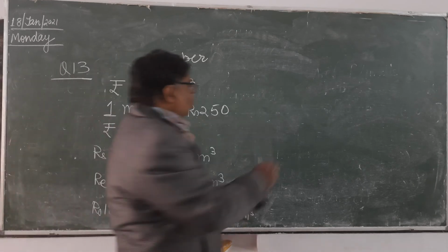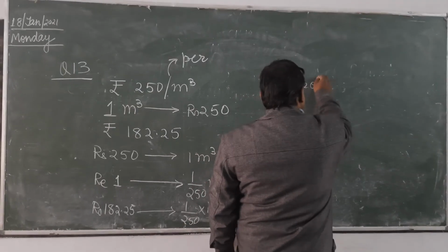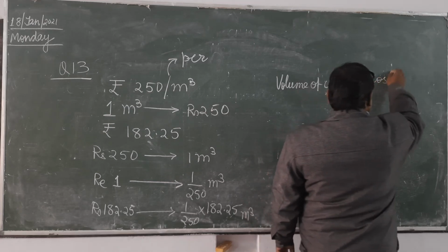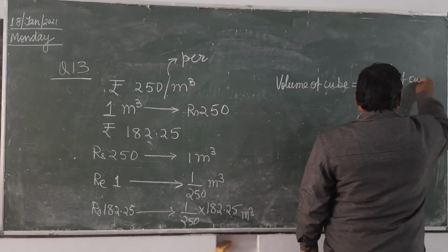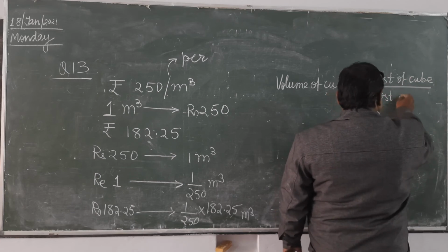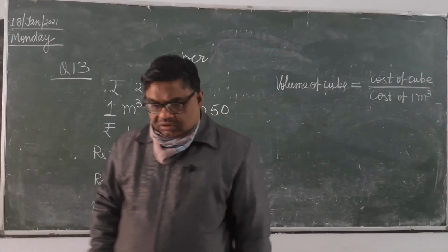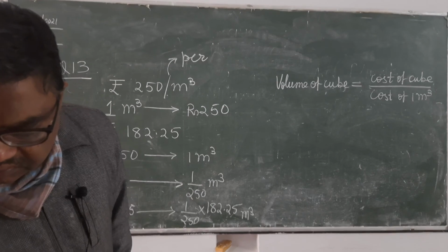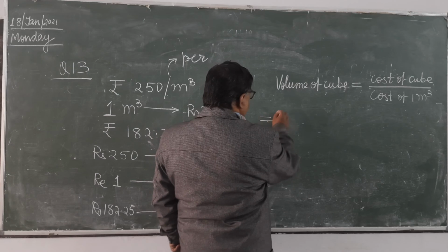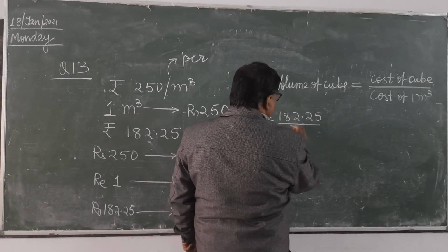So you write down volume of cube means cost of cube upon cost of 1 meter cube. So now you place the values. It will be 182.25 divided by 250.